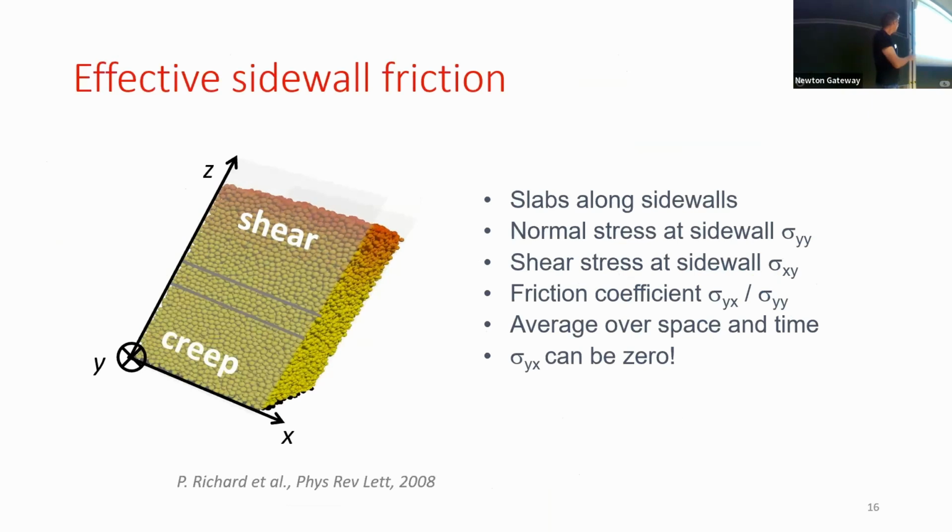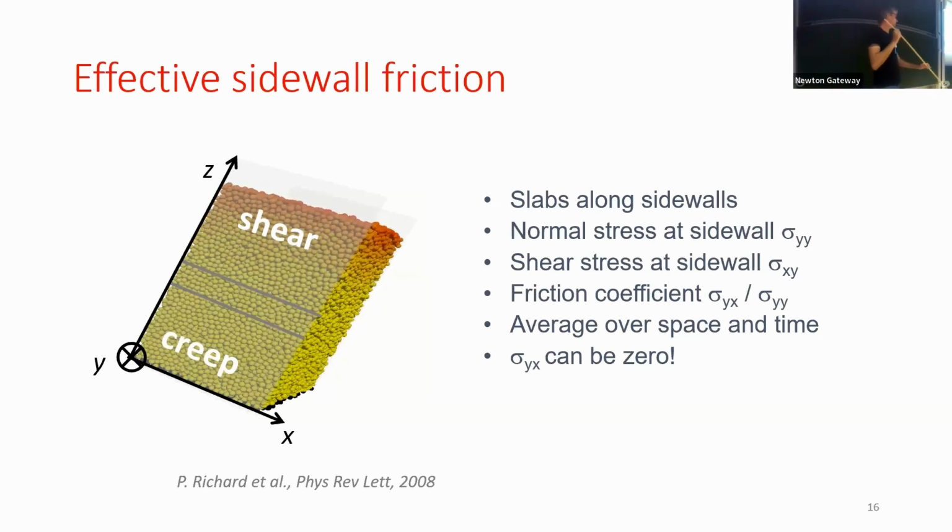What we do is that we create horizontal slabs, like the slab between the two gray lines. And so we divide our system into different slabs. For each slab, we measure the total stress normal to the sidewalls, and we also measure the shear stress at these sidewalls.